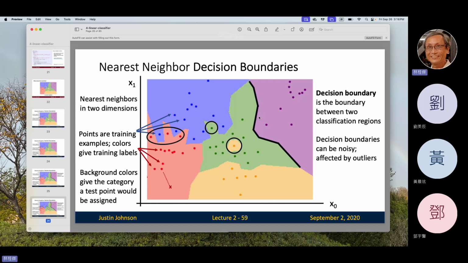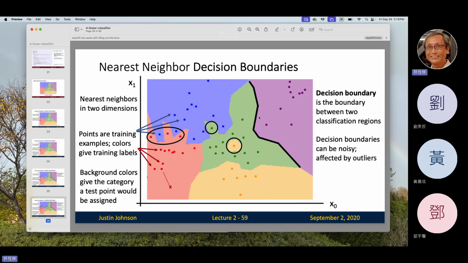That is because your original training data set may not be 100% correct. Maybe somebody, when they looked at this particular picture, labeled it wrong. So when you use the training data set, you need to keep in mind that even though it is supposed to be the ground truth, it may not be the best basis for your decision.